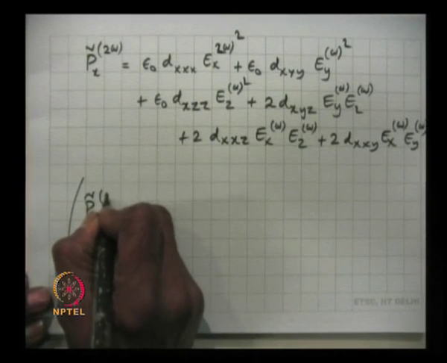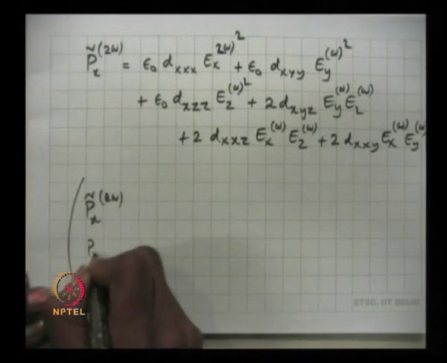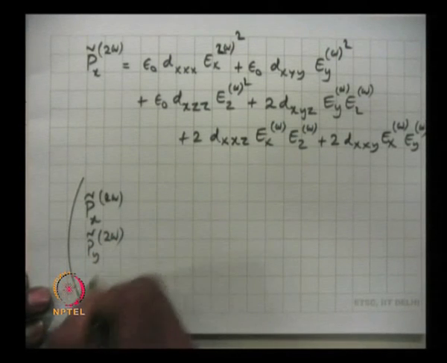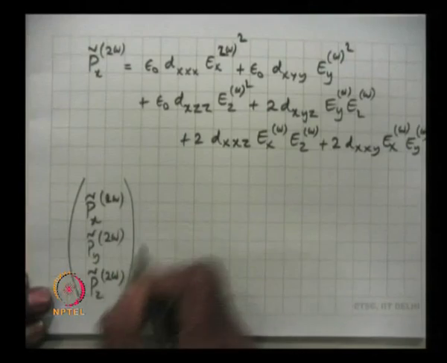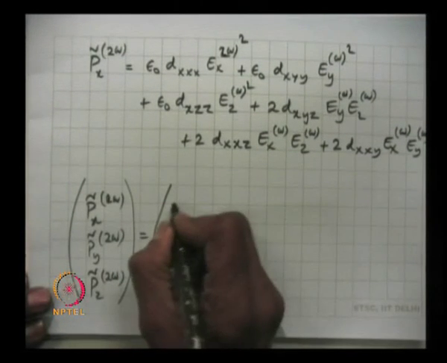Px tilde of 2 omega, Py tilde of 2 omega, Pz tilde of 2 omega is equal to this D matrix.